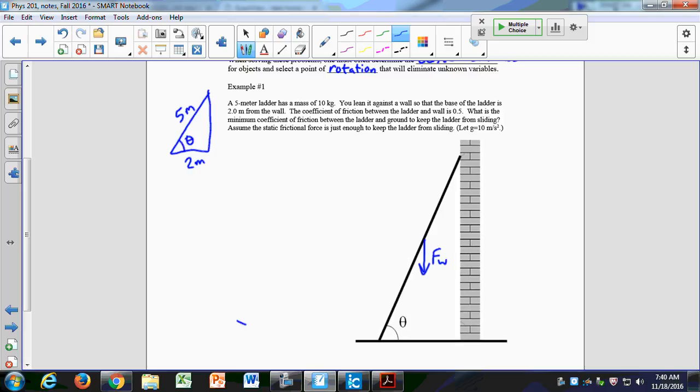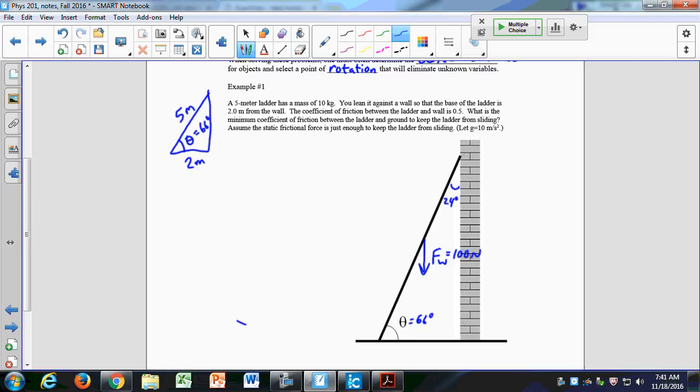So theta is the inverse tan of 0.4, or 2 over 5, which works out to 66 degrees. Likewise, I'll label this angle up here: 24 degrees. It'll become important later. There's our force weight. We know the mass is 10 kilograms, so the weight of that object is 100 newtons.